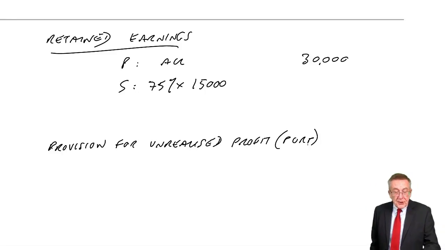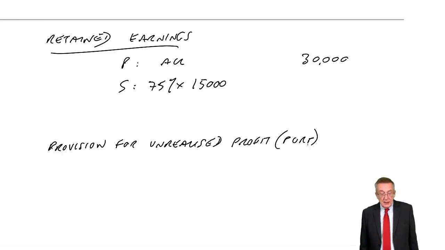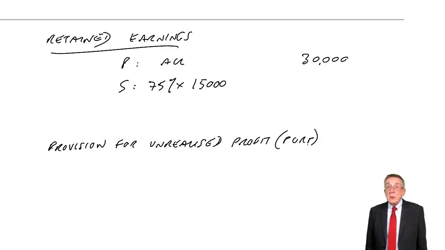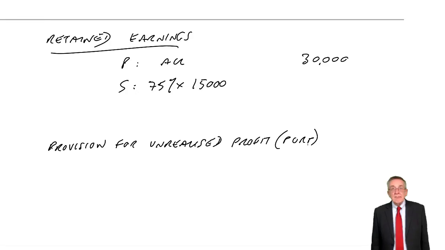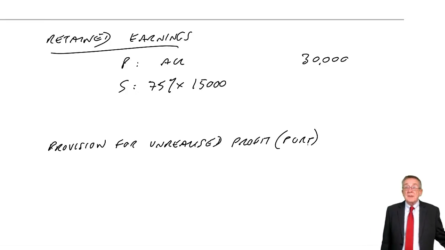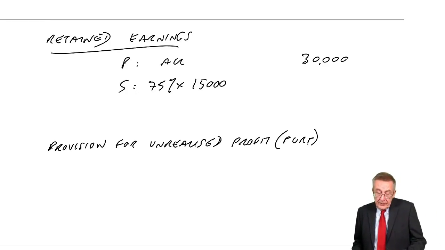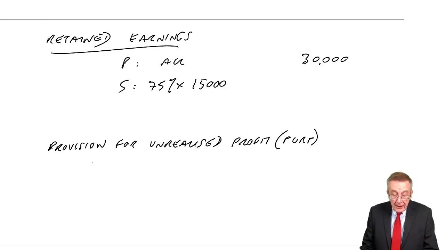What's happening? S had sold goods to P for 6,000 and S is selling at cost plus 25%. Now, assuming you've watched the lecture on markups and margins earlier, this should be easy, but let's check. It means that anything S sells, if it costs them 100, they're adding on 25%.